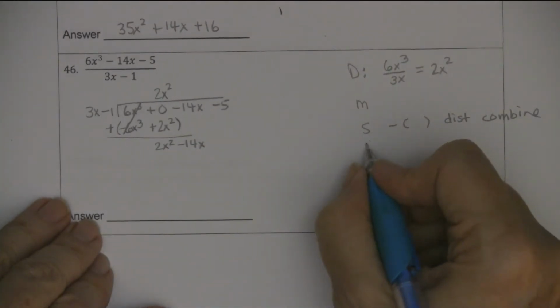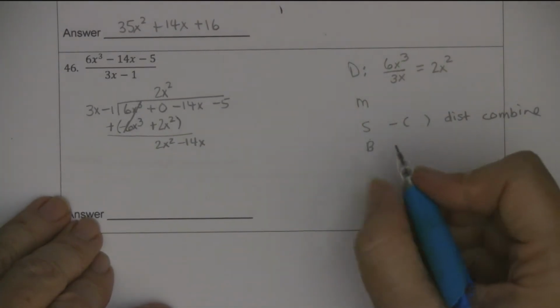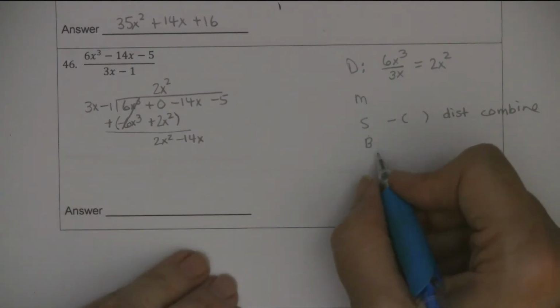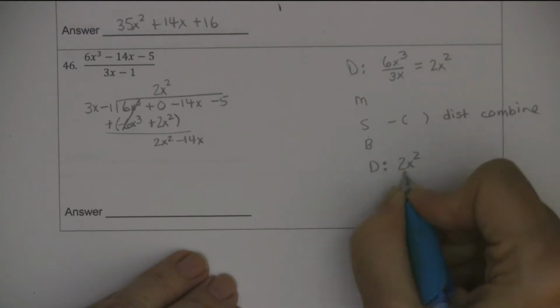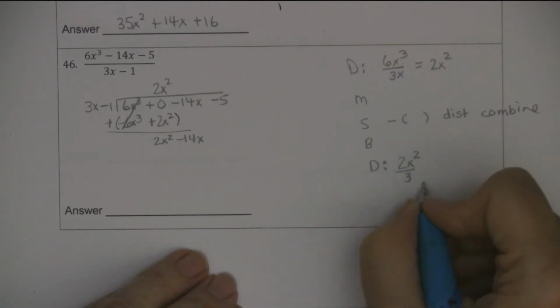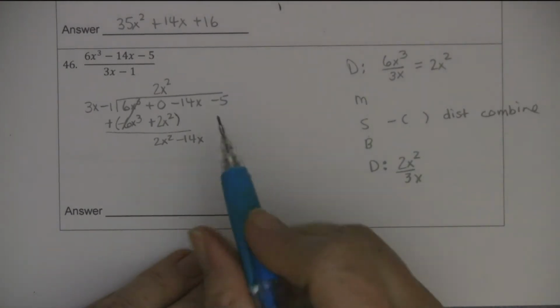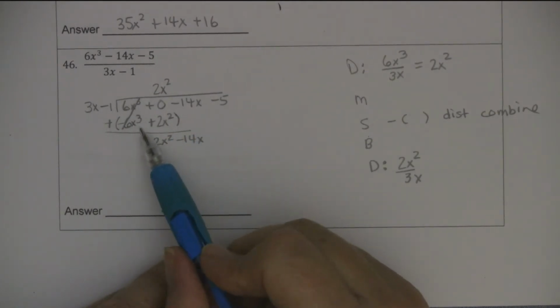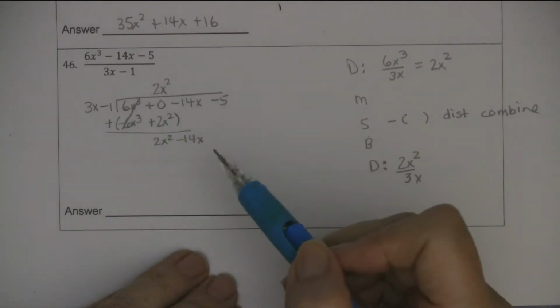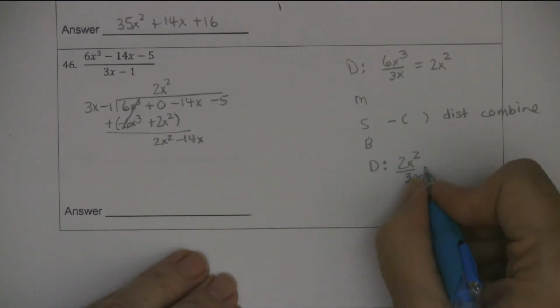And then I brought down, I don't know, I always do the bring down before I say I'm going to do it. And then I'm going to divide, and it's 2x to the second divided by 3x. That's a fraction.